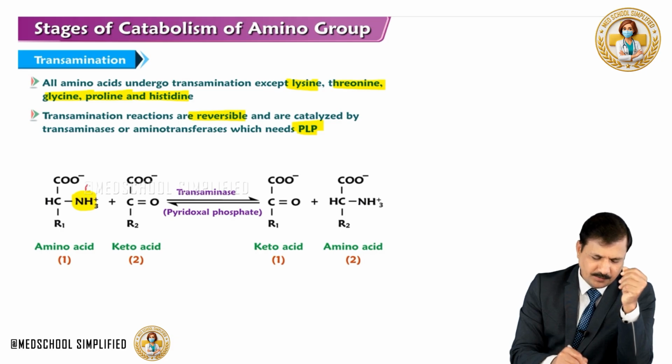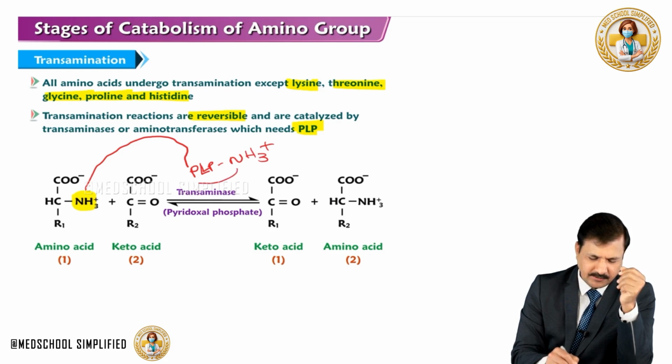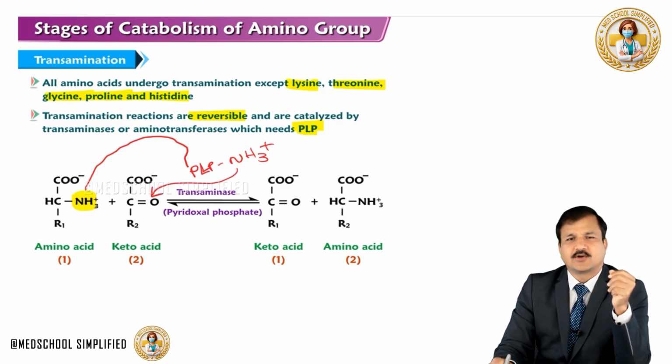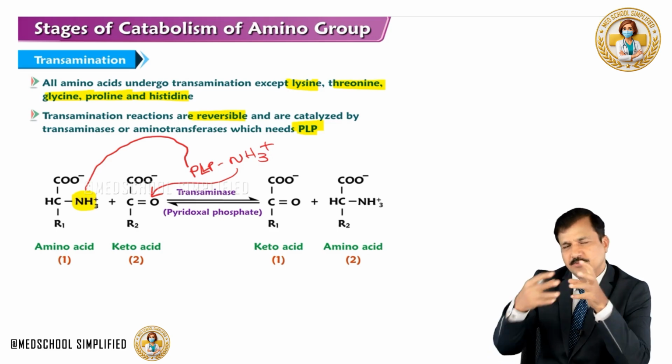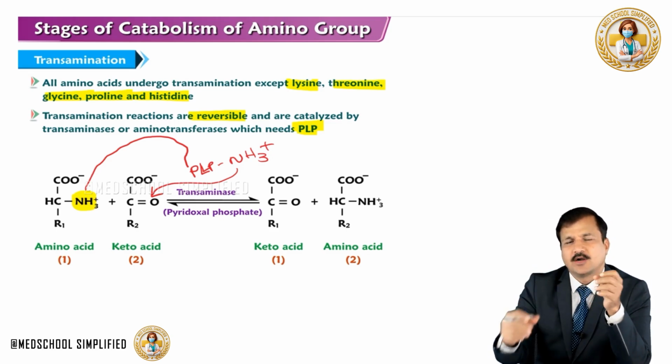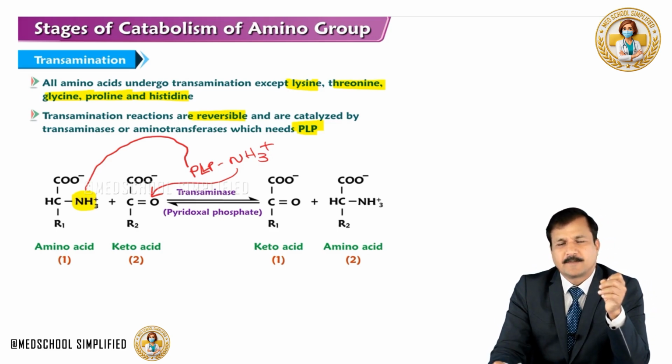So amino group will be transferred from an amino acid initially to pyridoxal phosphate, I'm going to write PLP there with amino group transferred, and from there amino group will be given to alpha keto acid, because alpha keto acid is an acceptor of amino group, mediated by the PLP, pyridoxal phosphate, which makes a Schiff base bond with the amino group there.